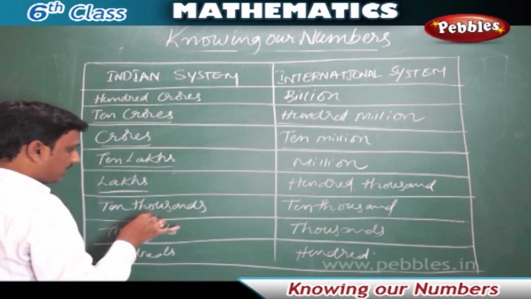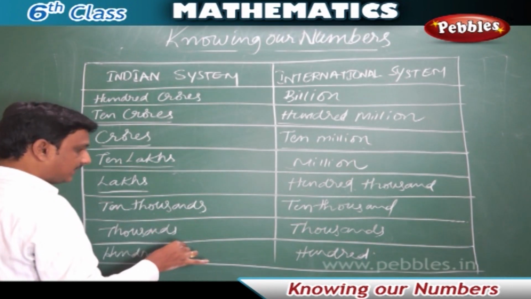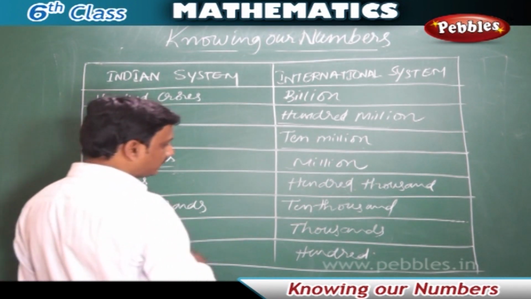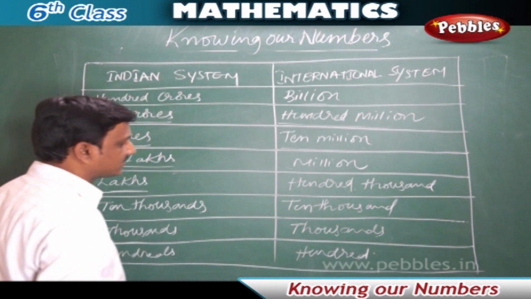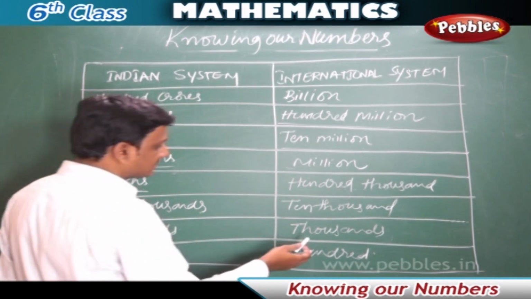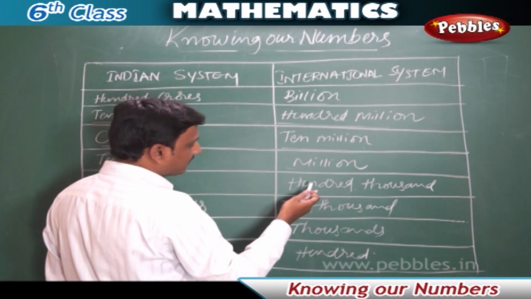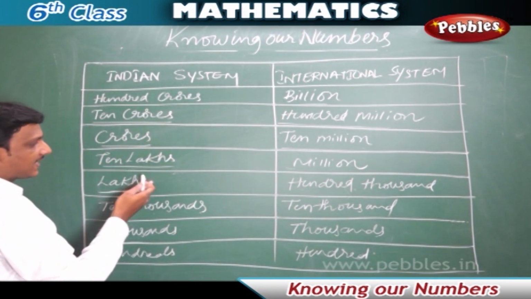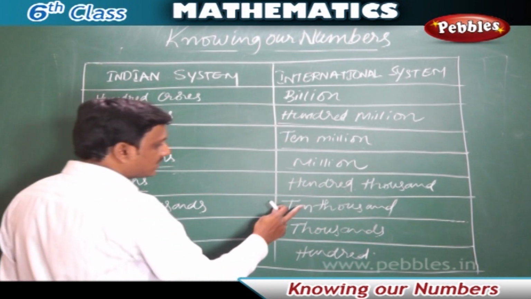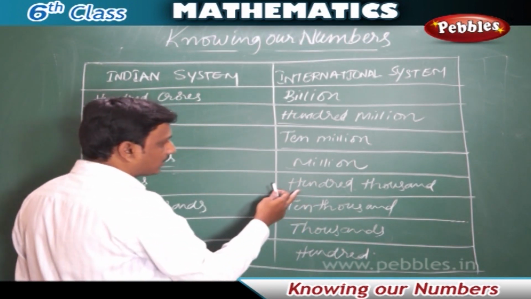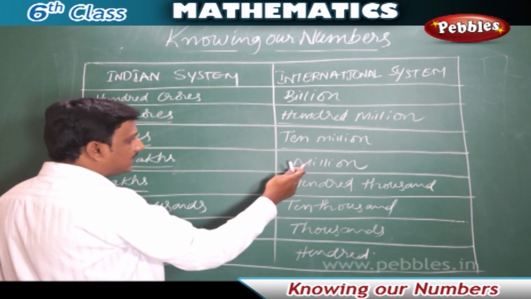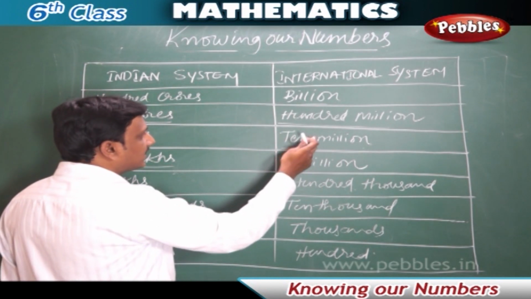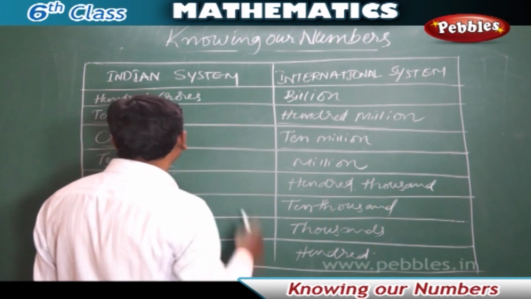So from here, 10,000, 1,000, 100, tens, ones are common for both the Indian and international systems. If you see the international system, after 10,000 it becomes 100,000s, whereas in the Indian system we call it lakhs, 10 lakhs and so on. But here after 10,000, 100,000s, and after that million, 10 million, 100 million, billion.